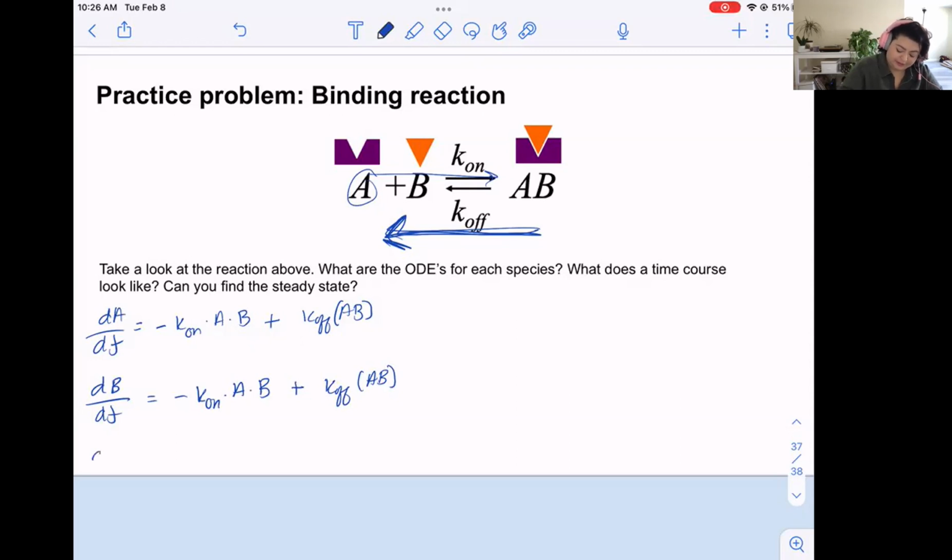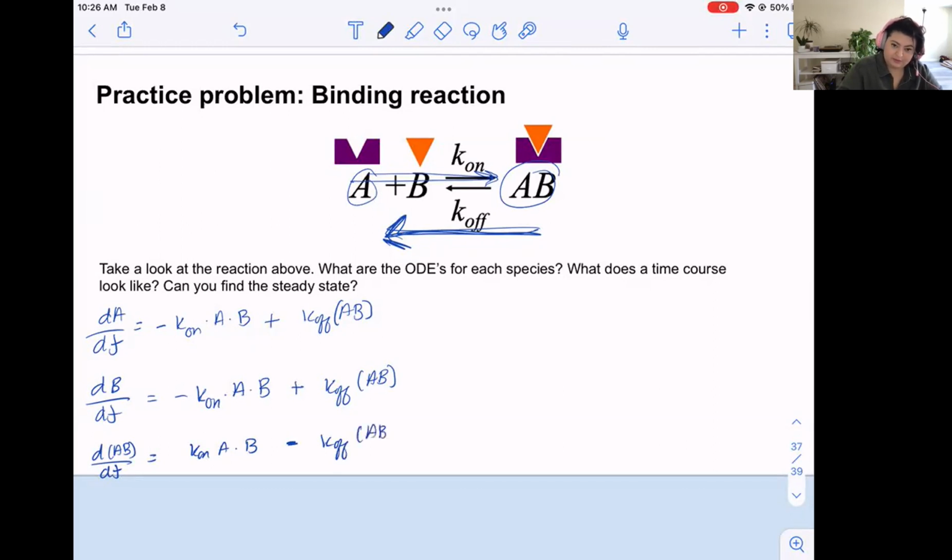And finally, dAB dt, which is the complex. That one, you can see here that we're gaining it from this reaction. But we're losing it with the parameter K off.